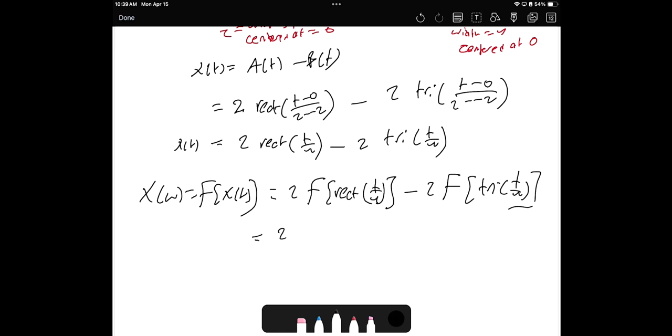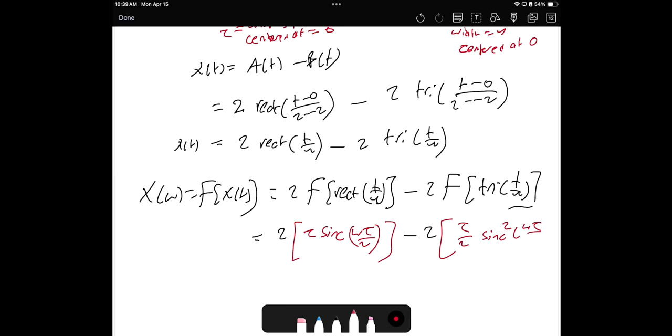The Fourier transform of the rect is tau sinc of omega tau over 2. Then minus 2 times the Fourier transform of the tri function, which is tau over 2 sinc squared of omega tau over 4. You are not required to memorize this. You should have them in your formula sheets. Formula sheets in the test will be provided to you. In the homeworks, you have access to it.